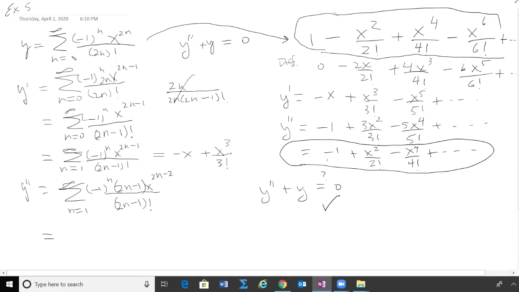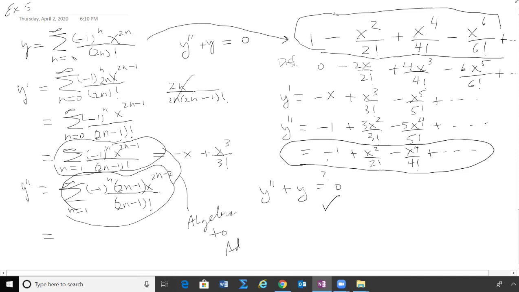Your problem would be that you'd have to add this to this and show that they're equal to 0. So that is a job in itself. Some algebra to add these. You could expand them if you wanted to and then show that the terms cancel out. Or you could join them together as one series.